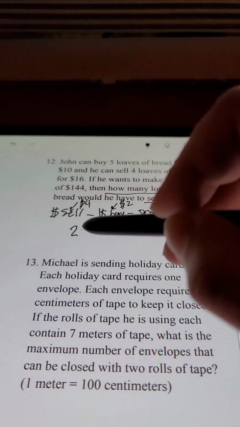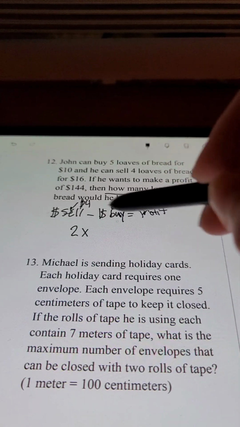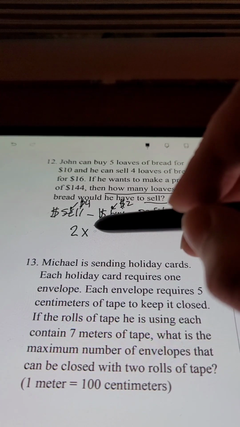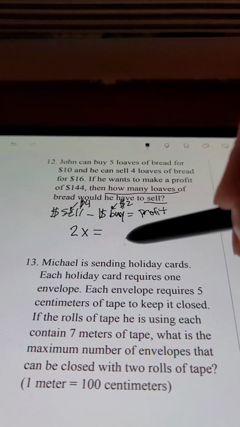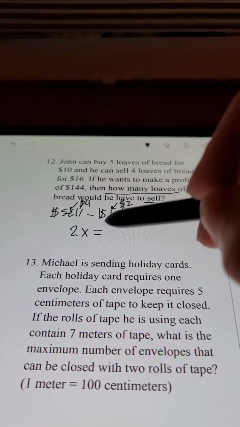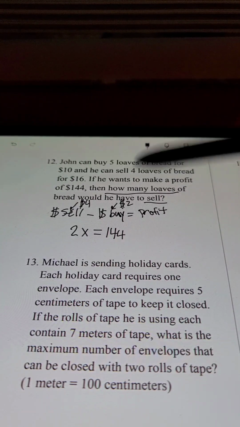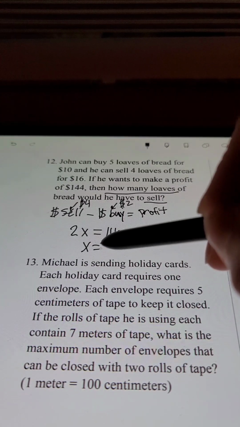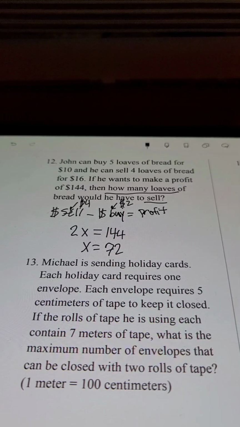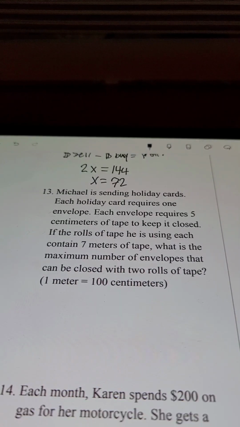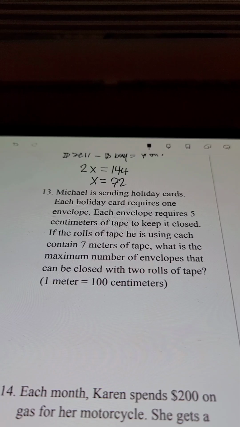So we would do 2 times X will be our number of loaves of bread, and that's going to equal 144 for our profit. Now let's just divide each side by 2, and that'll give us that X is equal to 72. Okay, pause to read number 13 if you haven't already.